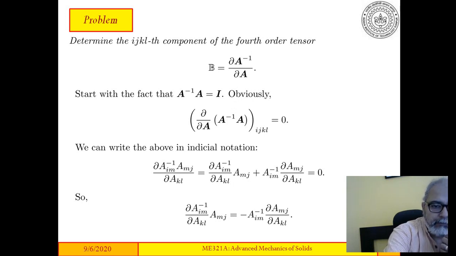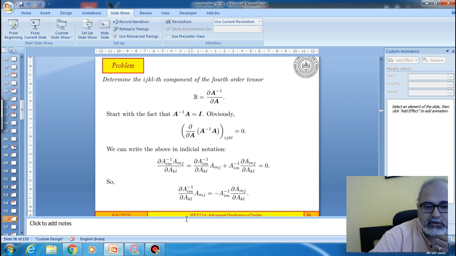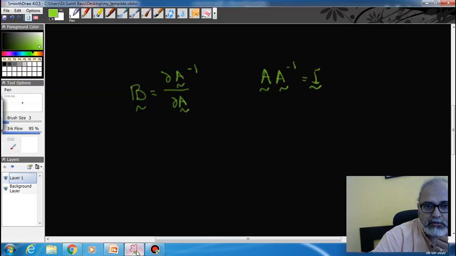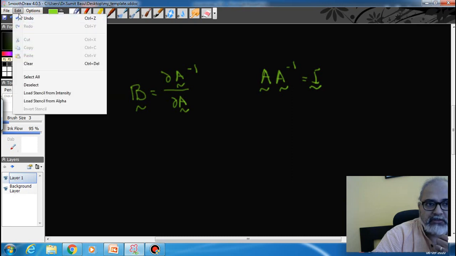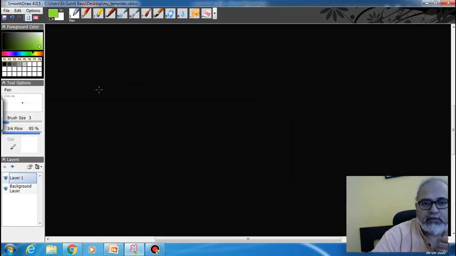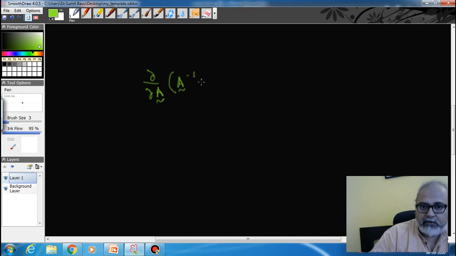Okay, let me clear this. So now we have del A of A inverse A. This is what we have, and we know that any ijlth component of this is equal to 0.